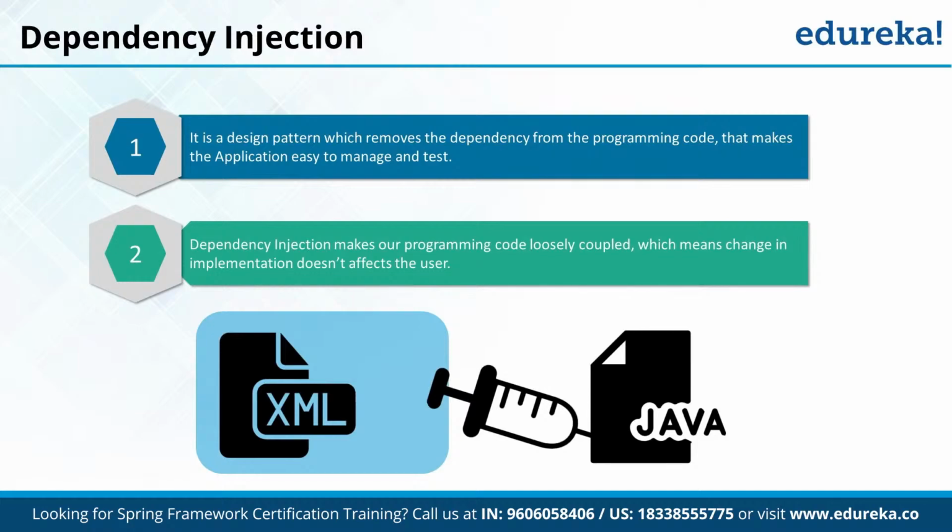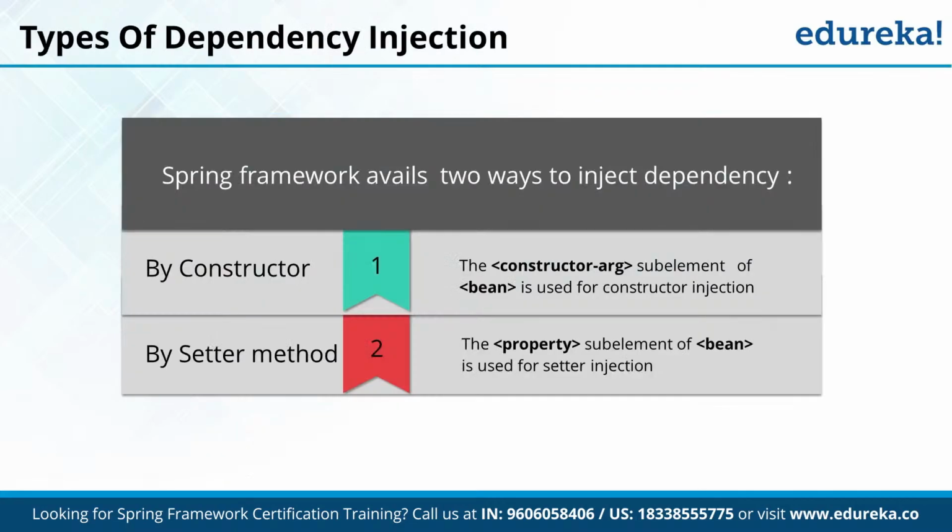In the XML file and the Java file, we have two things. You're going to use the XML file to achieve dependency injection, and you will be giving it to the Java. It can be done in two ways, either by constructor or by the setter method. For the constructor we need to use constructor-arg, and for the setter method we just use the property itself. So let's see how we can do it.